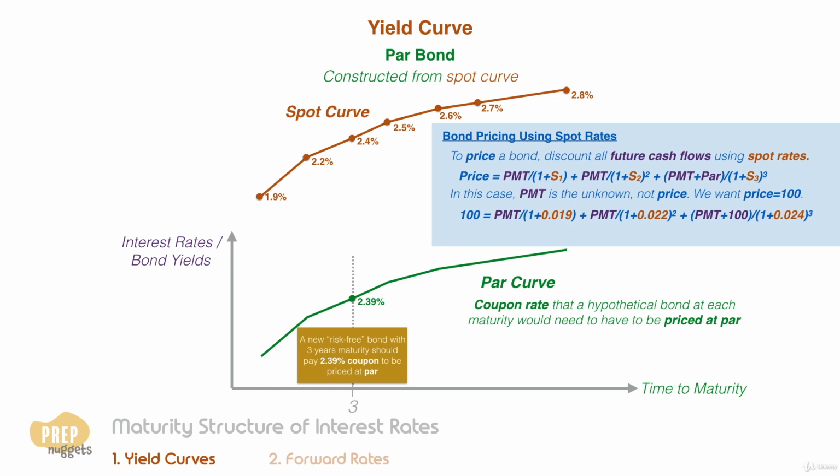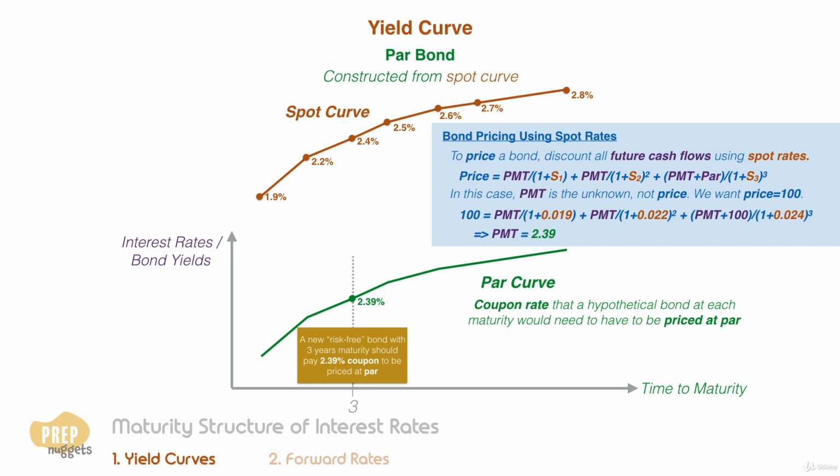We plug in all the appropriate spot rates from the spot curve and use them to solve for payment, which is 2.39. This is equivalent to a coupon rate of 2.39%. So here we've shown how to derive a point on the par curve using the spot curve. Any point on the par curve can be derived from the spot curve using this method.